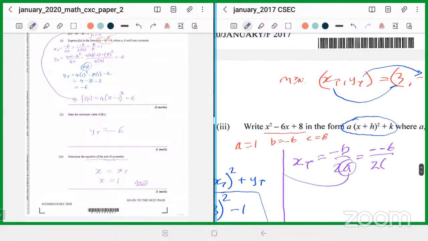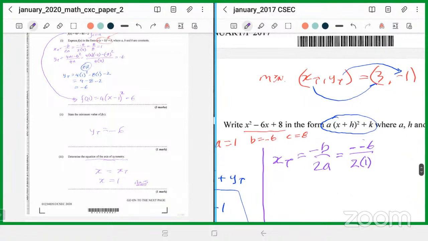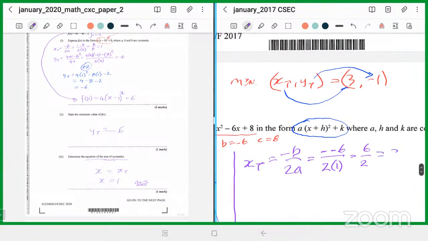The a is 1, so it becomes 2 times 1. This minus becomes a plus, so it becomes 6 over 2. See there? It works out to be 3. Same 3 that is at the turning point, xt. So from the graph, you don't have to work it out.